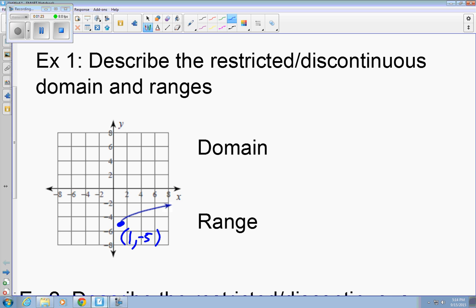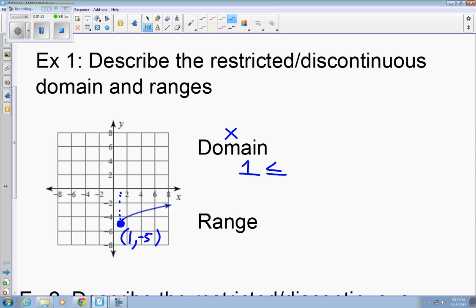Remember, domain is the x values, and the x values start at 1. There is an actual point at 1. Remember from middle school with inequalities, a filled-in circle means equal to, so we do less than or equal to. It's an actual coordinate on the graph, so we include it.